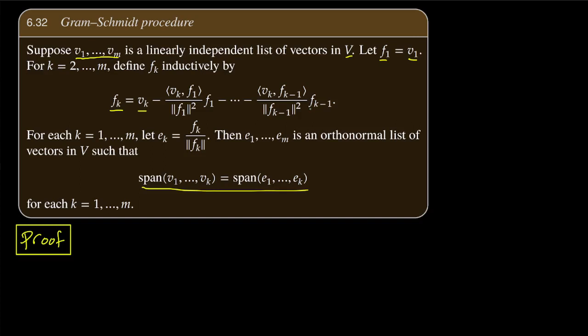Then we'll just have the piece of vk that is orthogonal to all of the previous f's. After that, all we have to do once we've generated all of our f's is normalize them. So we'll pull it together.